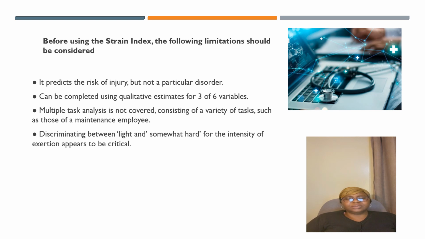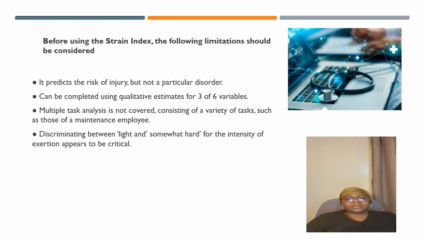Before using the strain index, the following limitations should be considered. It predicts the risk of injury, but not a particular disorder. It can be completed using qualitative estimates for 3 of 6 variables.